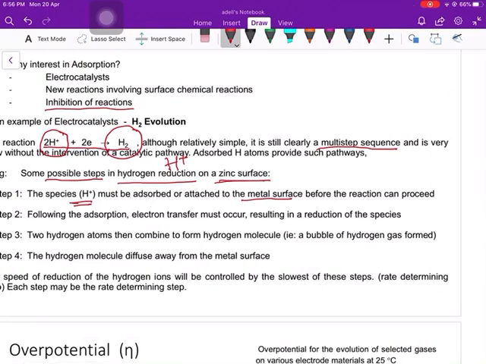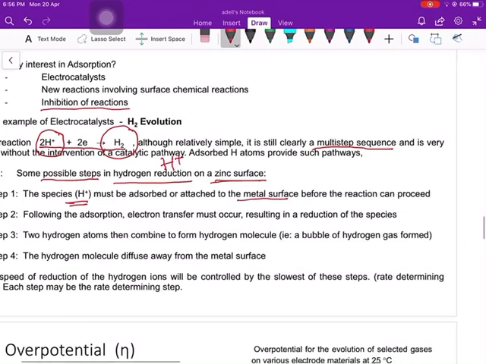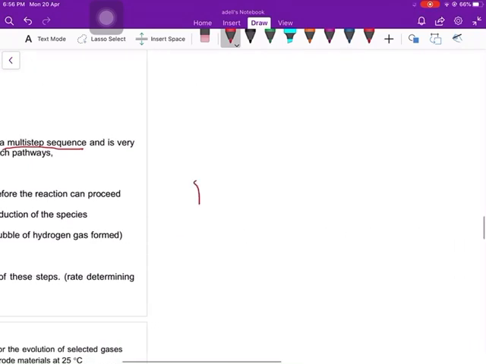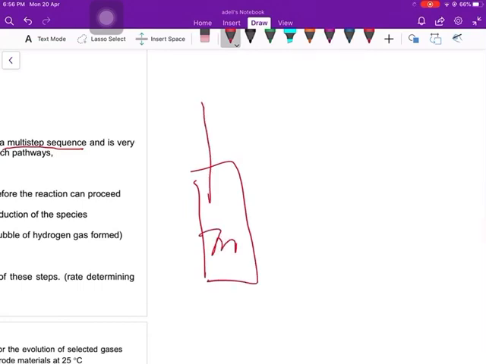The hydrogen ions in the bulk solution will move towards the zinc surface. This is the cathode, a negatively charged surface, so the ions will move toward it through the mass transport process.